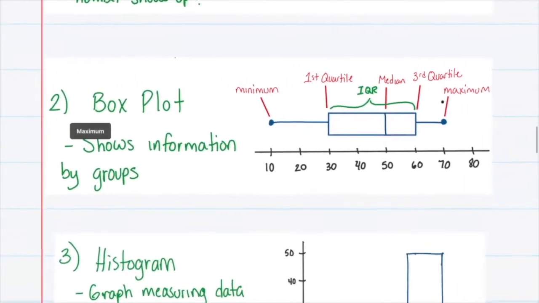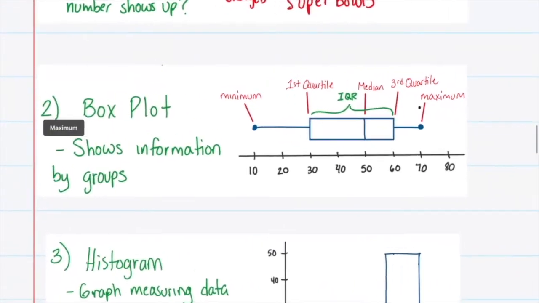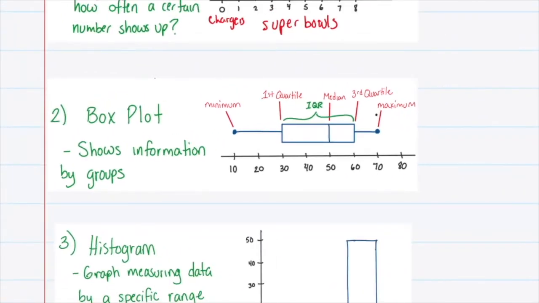The box plot. Now this is a complicated one. It's something we're gonna cover later on. There's just a bunch of vocabulary for you to understand. Don't stress about it too much. All you have to know is it's a box that's split into four different pieces.